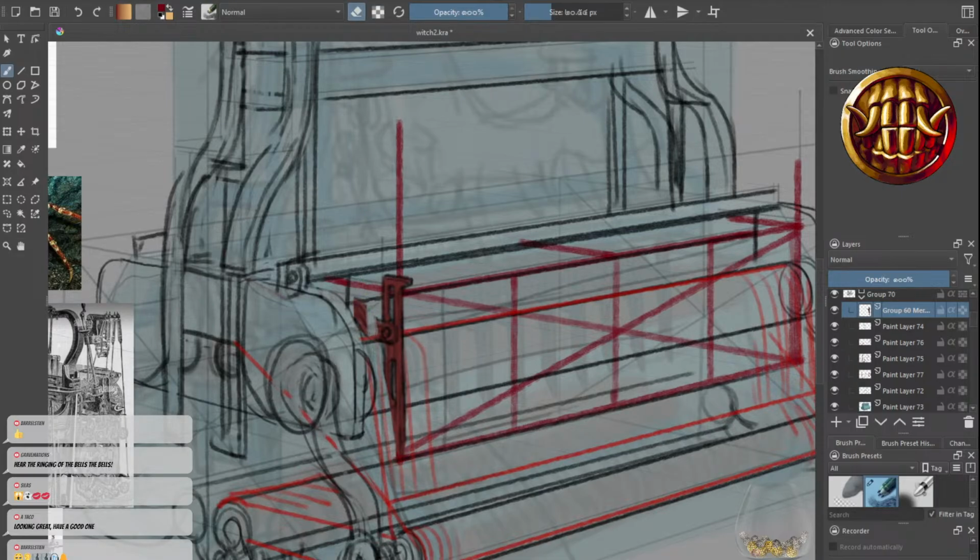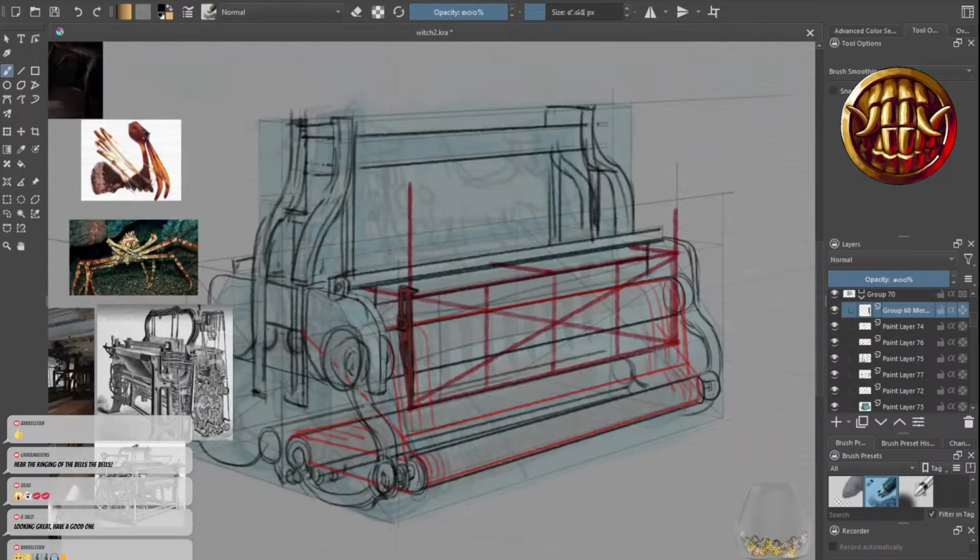I basically need to redraw the whole thing. Why the hell? Just, yeah. So instead, none of it's following the perspective. Up, over.